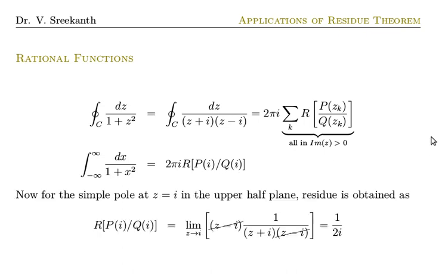Now for this simple pole, you can again use the formula that we are familiar with, and then you can calculate it very easily. You will get 1 by 2i. Okay, so once you get that, then this is trivial. K1, which is what we looked for, is nothing but 2 pi i times 1 by 2i, so that is nothing but, sorry, there won't be any i, so pi. Okay, the answer will be pi.